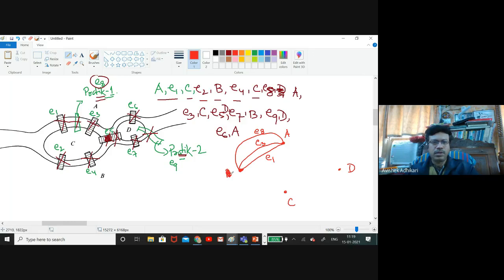It should be A to C and it should be B and D. Now it's fine. So C to B was E4 as well as E2. B to D, here I had C to this, and A to D I had one bridge.